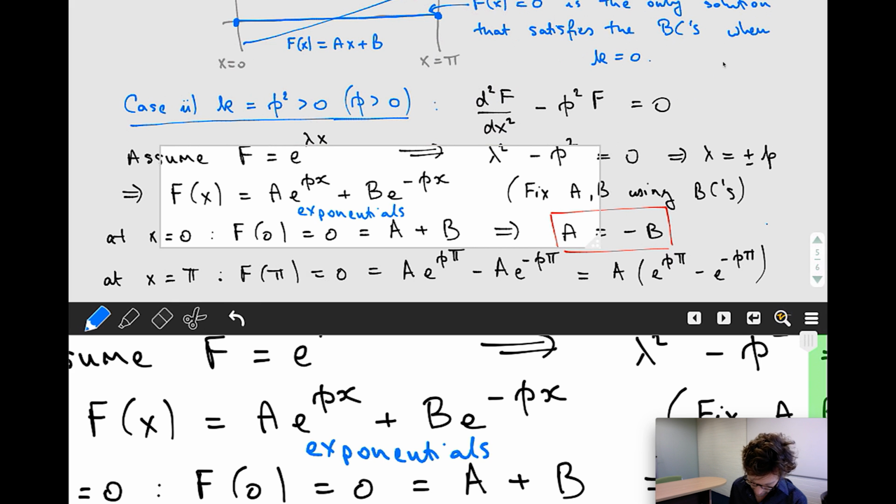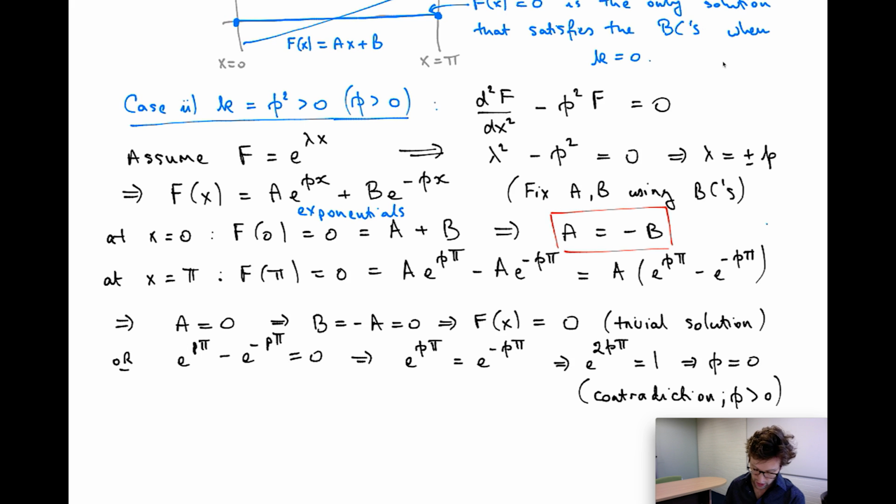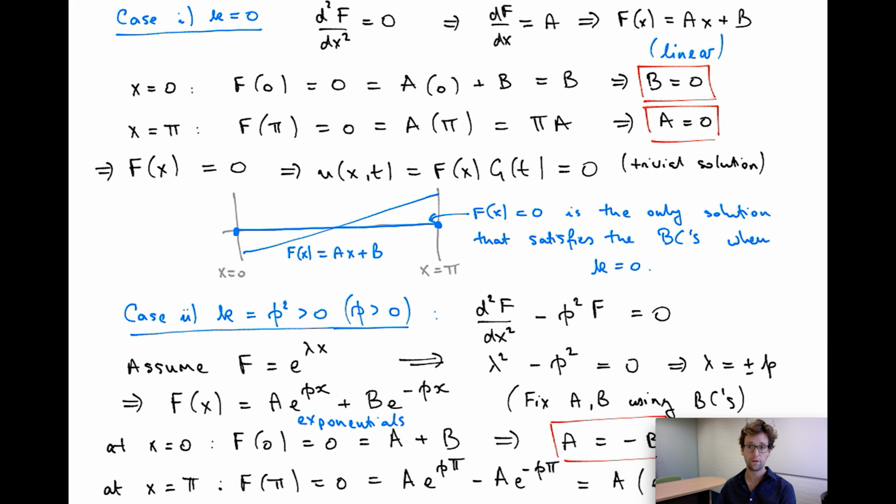So in both cases, I found the general form of the solution in terms of unknown coefficients a and b, and I fixed those coefficients using the boundary conditions, f at 0 is equal to 0 and f at pi is equal to 0.